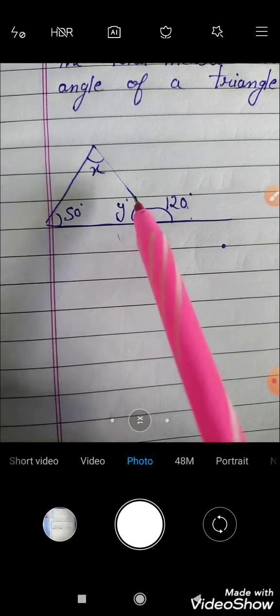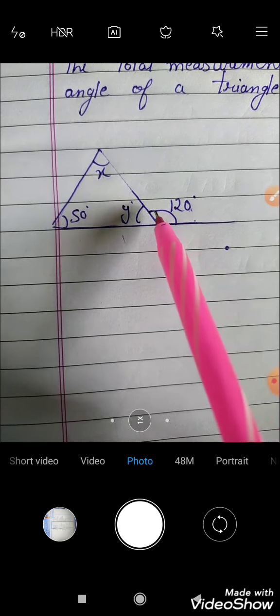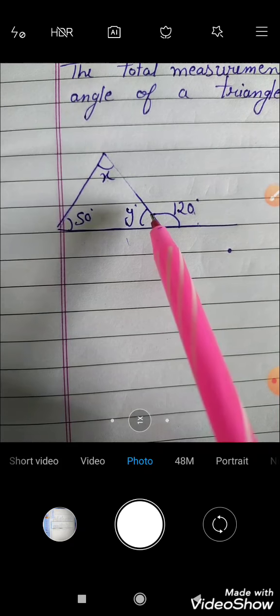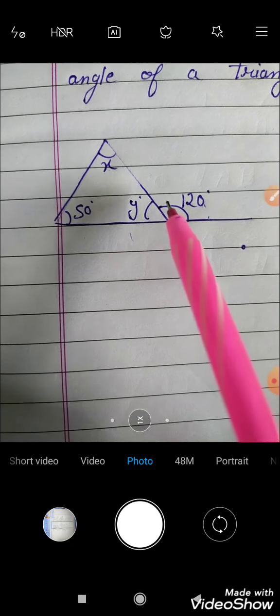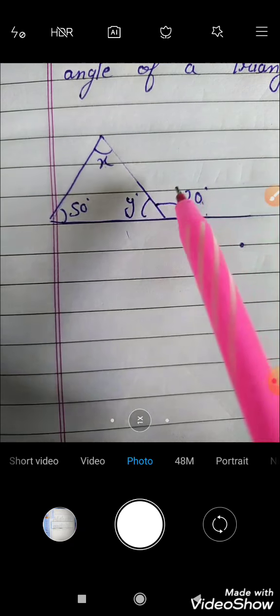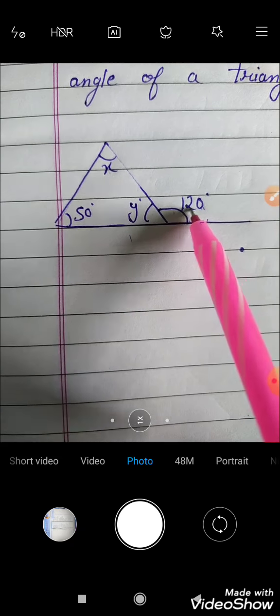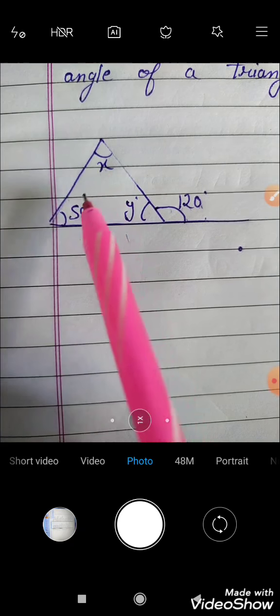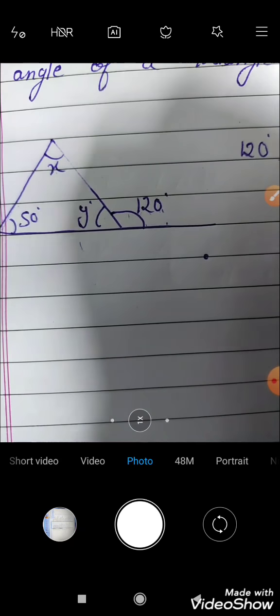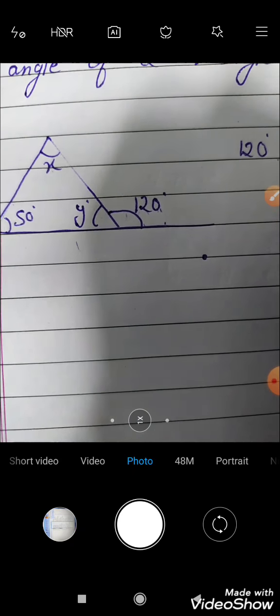For this first we are going to apply the formula, the property of the exterior angle of a triangle. As we all know that according to this property, value of exterior angle is equal to sum of opposite interior angle. So we are going to write here 120 degree, and it is equal to 50 degree plus x.